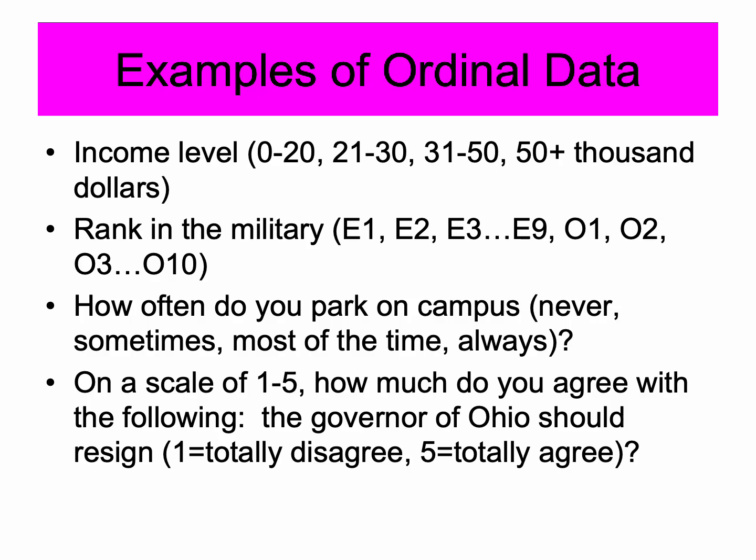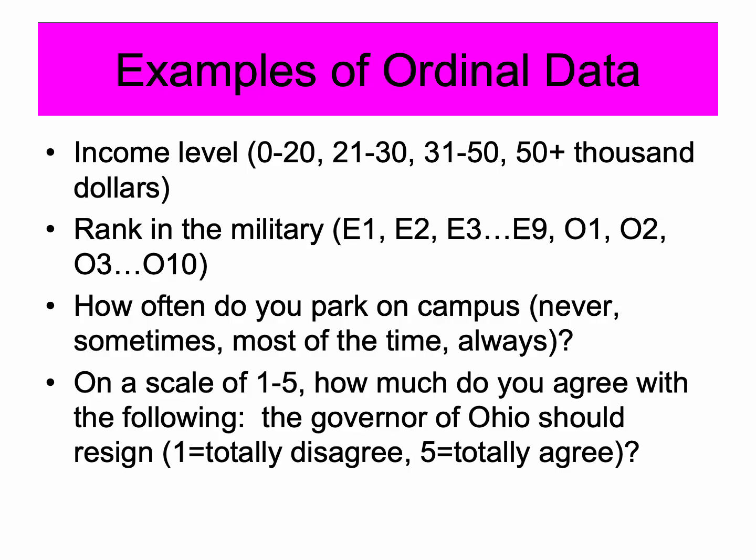Are you making between 0 and 20,000, 21 and 30,000, 31 and 50, and so on. So if you were to see two people, one falling in the 31 to 50 category and another falling in the 21 to 30 category, you don't know how much the first person makes, how much more they make than the second person. All you know is they make more, right? And that's all you can really determine with ordinal data.